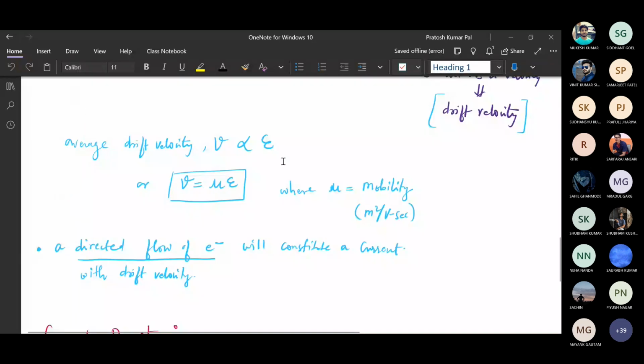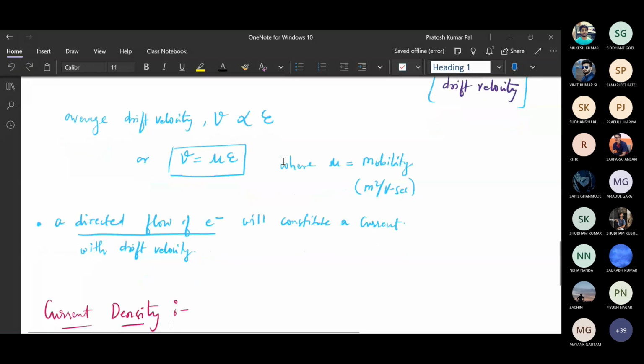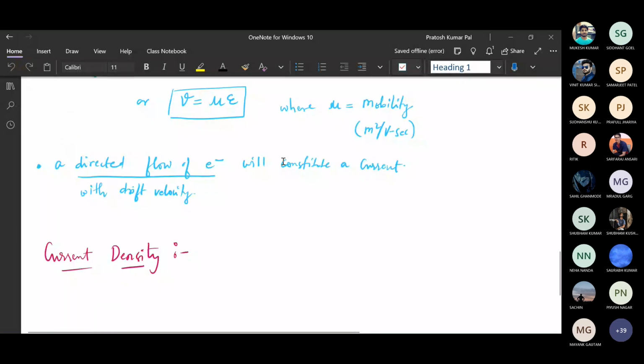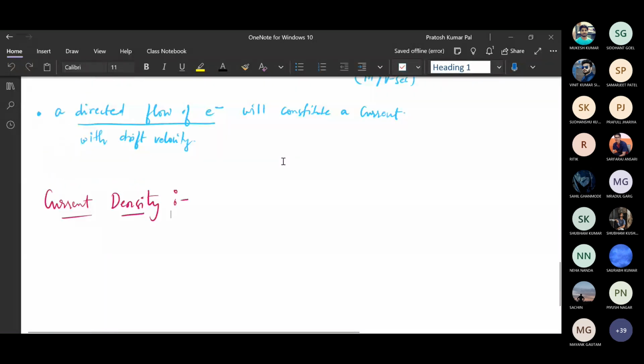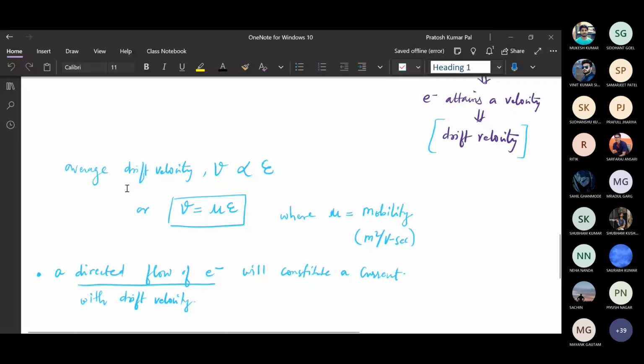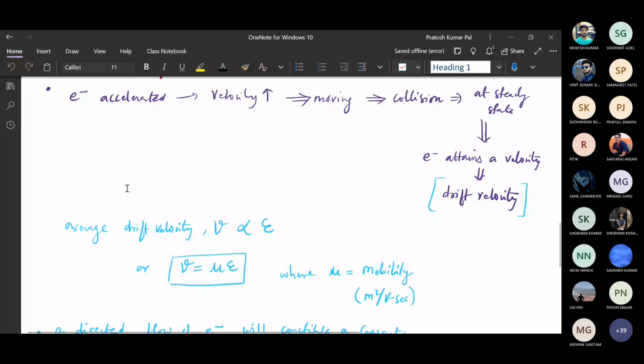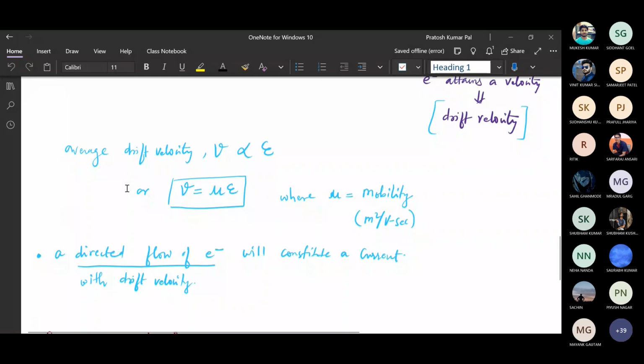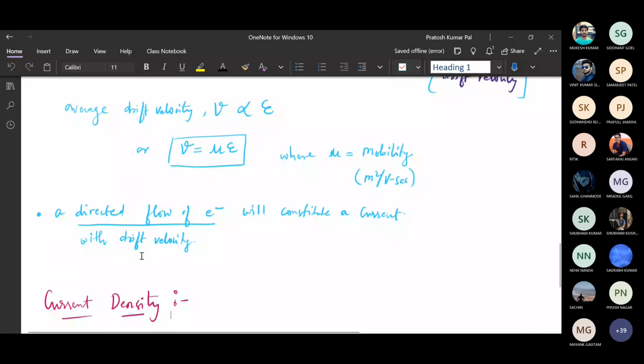So with respect to that, we have found out the current. What is the current that we have obtained? A current is generated when the electrons are flowing, and that electron flow is at equilibrium.